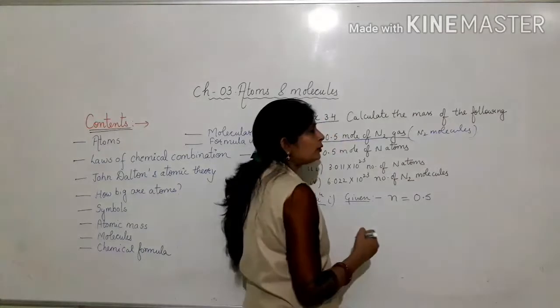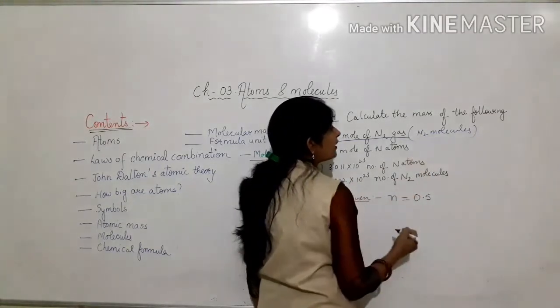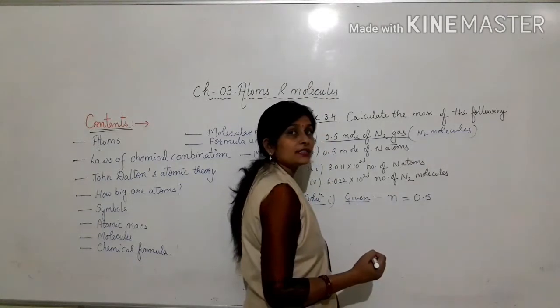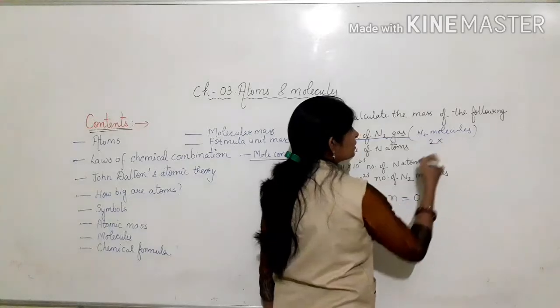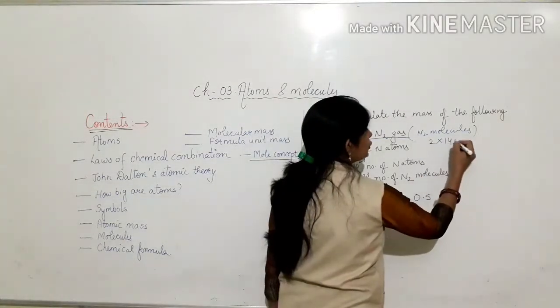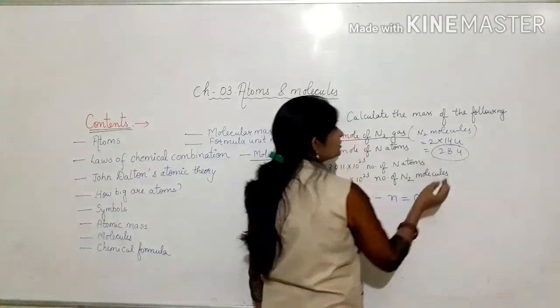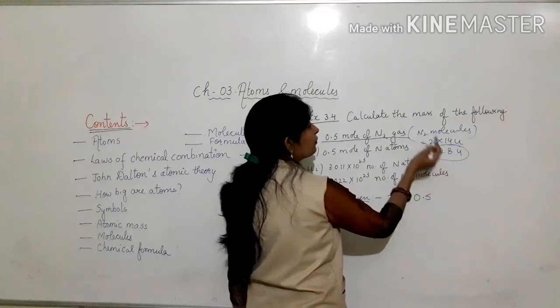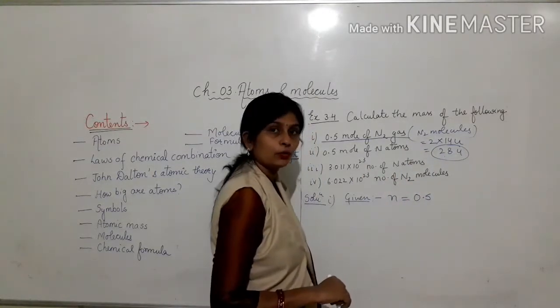Nitrogen molecule N2 has 2 nitrogen atoms. One nitrogen atom has mass 14 U, so 2 nitrogen atoms will have mass 2 into 14 U, that is 28 U. This is the molecular mass of the nitrogen molecule or nitrogen gas N2.